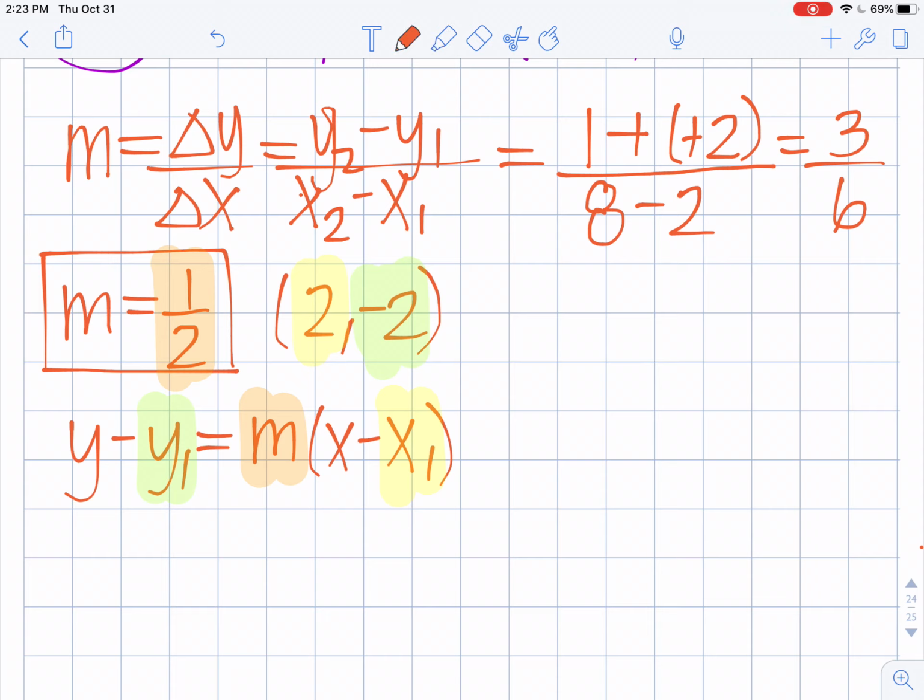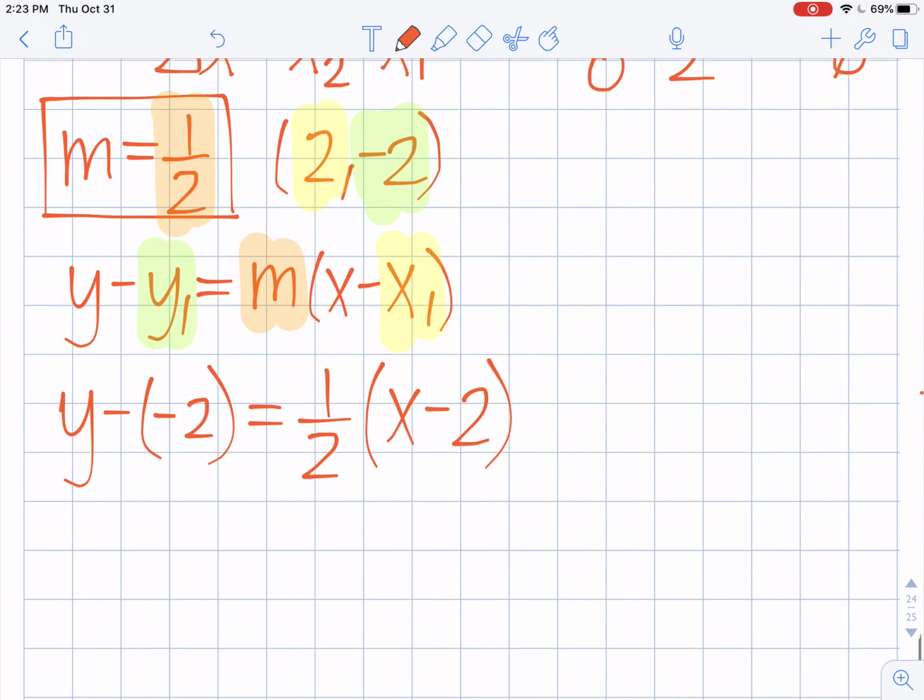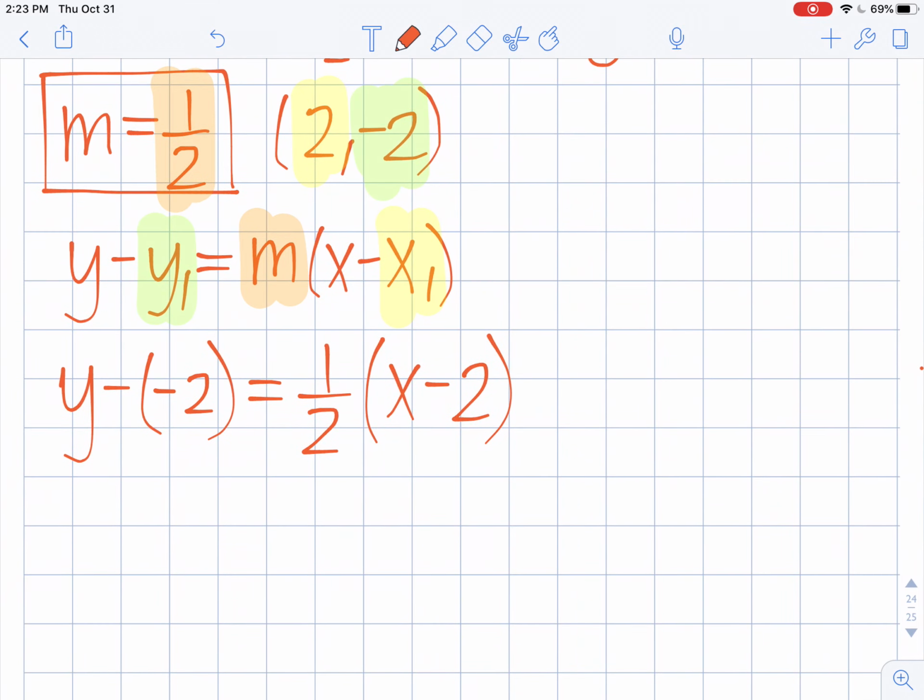So I'm going to plug all this in. Y minus -2 is equal to 1/2 times x minus 2. Okay. Minus a negative is the same thing as adding, so this becomes y plus 2 equals 1/2 times x minus 2.